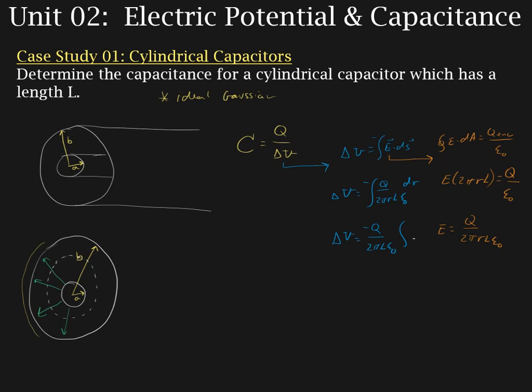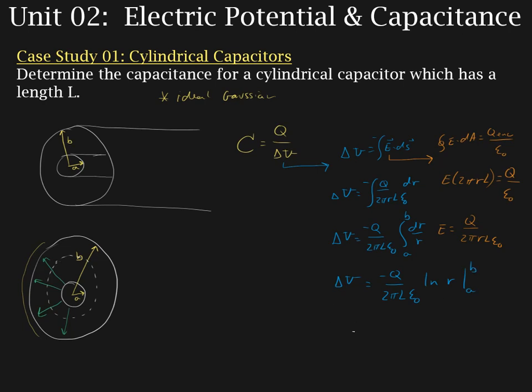So this is going to be from A to B of dr over r. By now you should be familiar with that integral. We get minus Q over 2 pi L epsilon naught times the natural log of r evaluated from A to B.